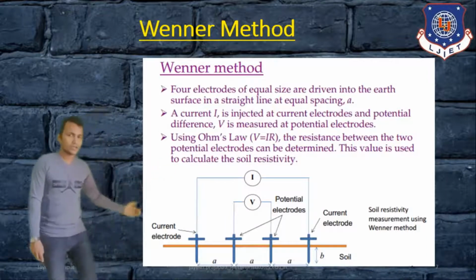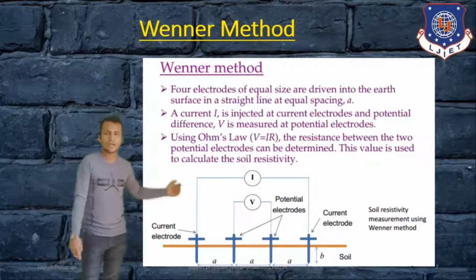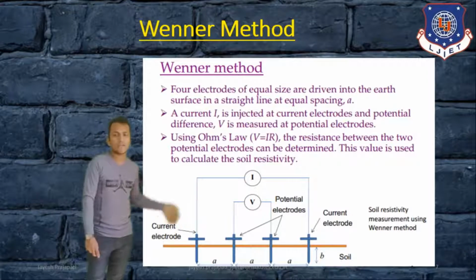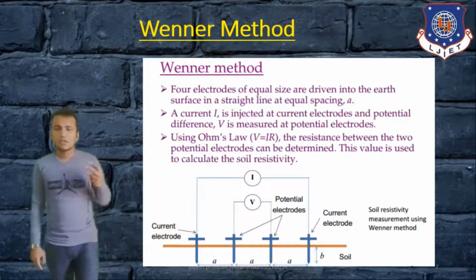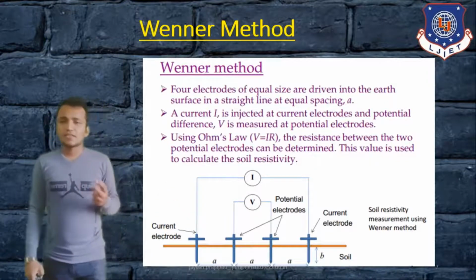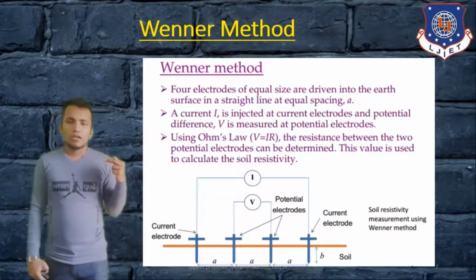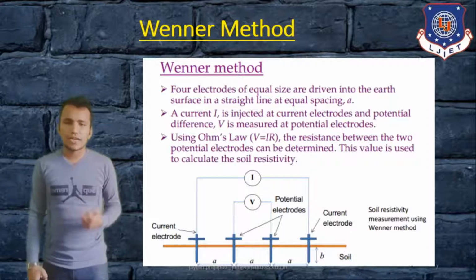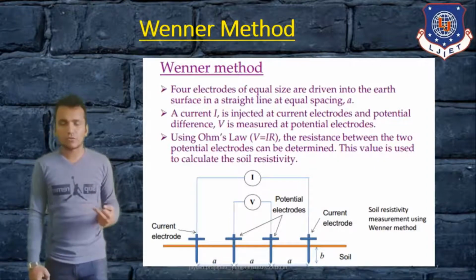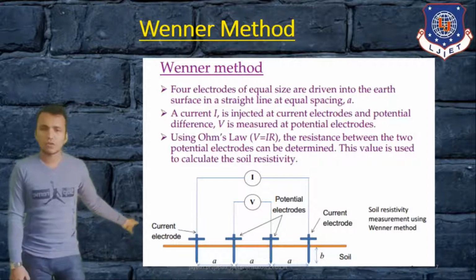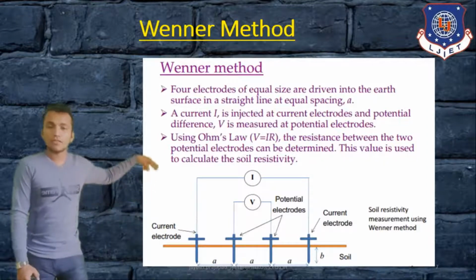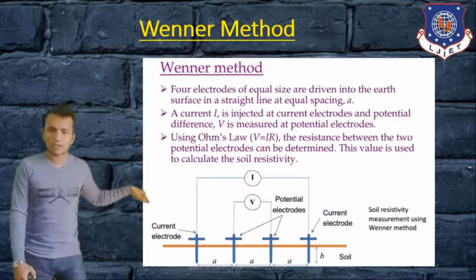You can see here 4 electrodes in the soil with an equal distance between every electrode. Then a current I is injected by the current electrodes, and the potential difference V is measured by the potential electrodes. In this figure you can see the 2 end electrodes are the current electrodes, and the 2 center electrodes are our potential electrodes.